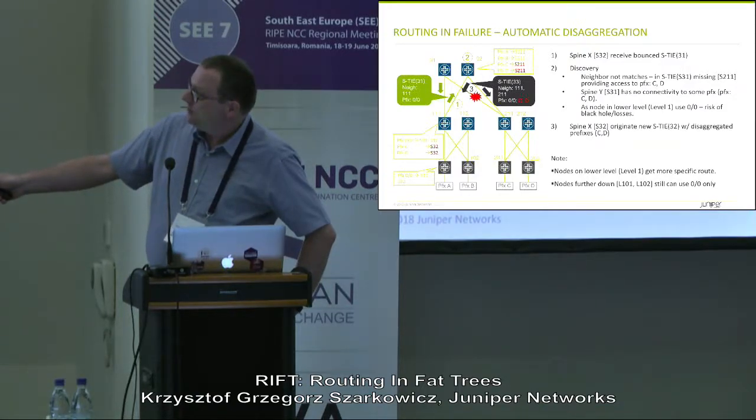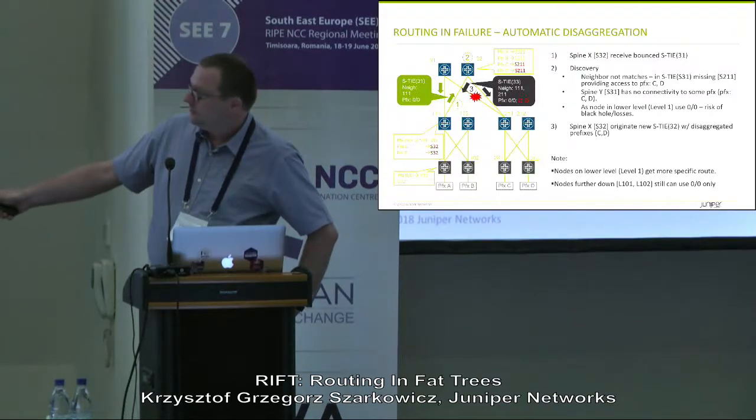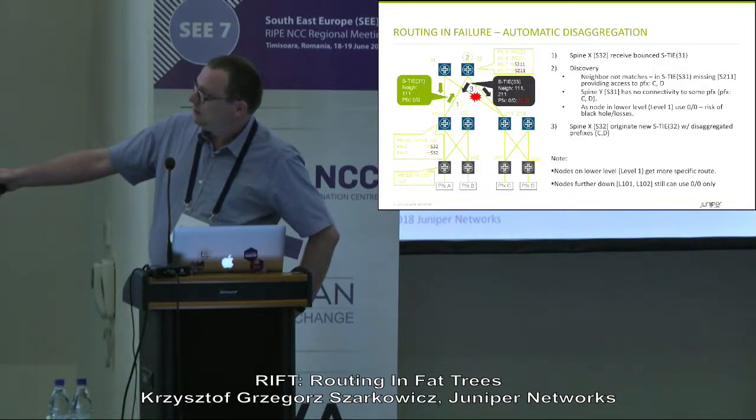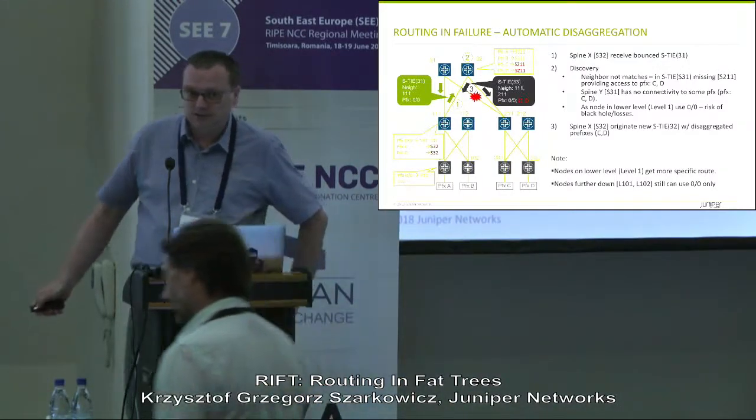So now this guy, 32, is advertising still default plus C and D, and here these guys receive default plus C and D. What would happen if 32 would advertise only default?